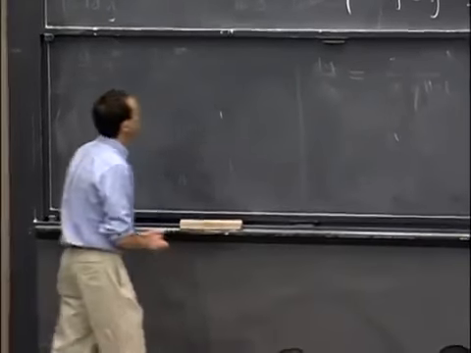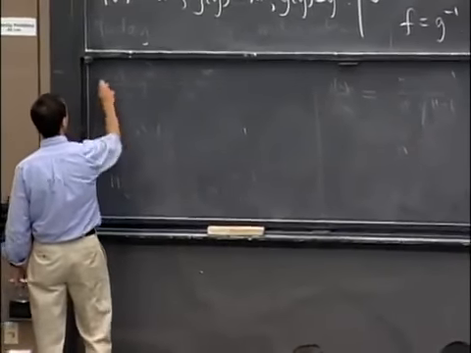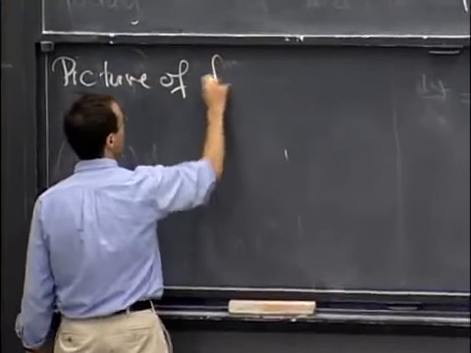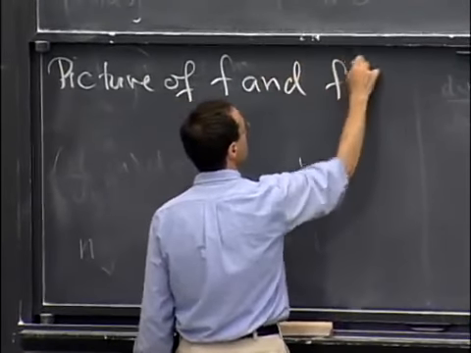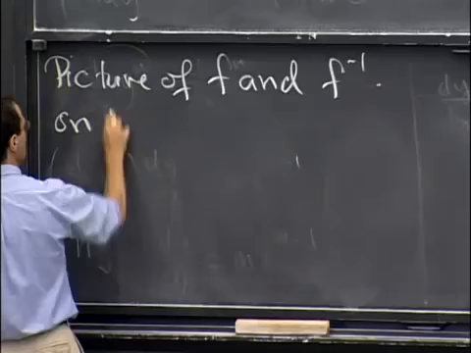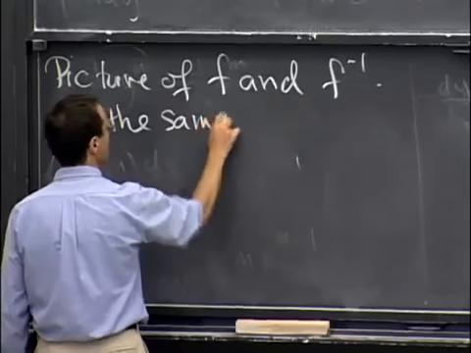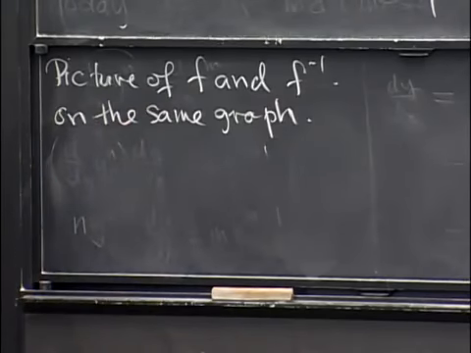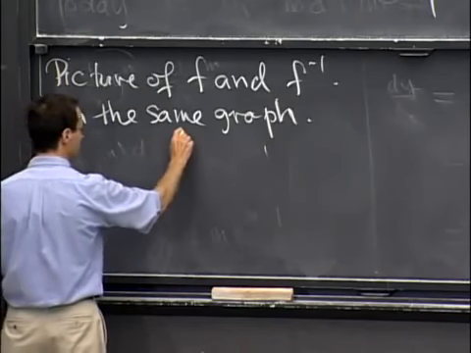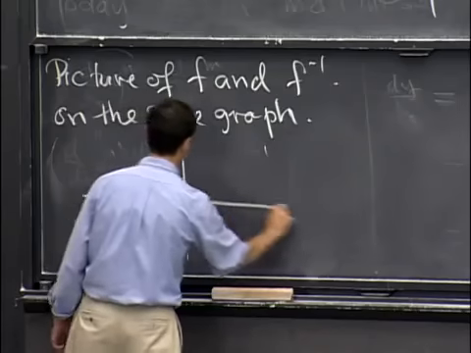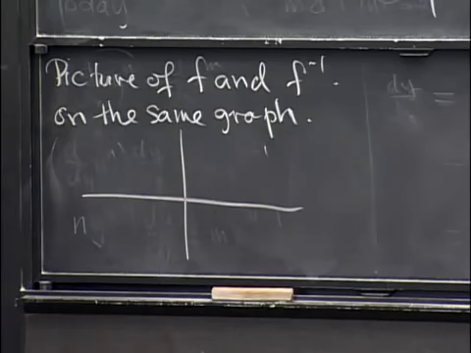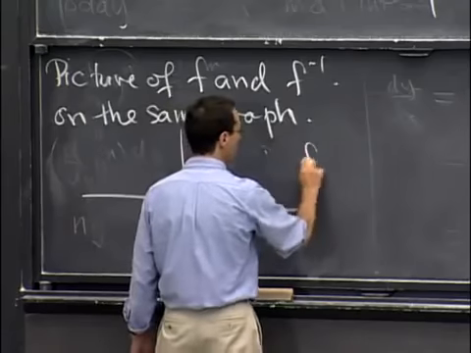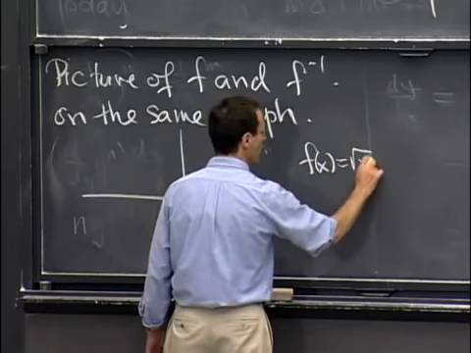So let's draw a picture of both f and f inverse on the same graph. So first of all, I'm going to draw the graph of f of x is equal to square root of x.